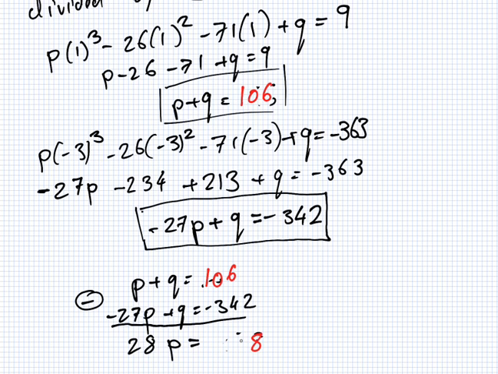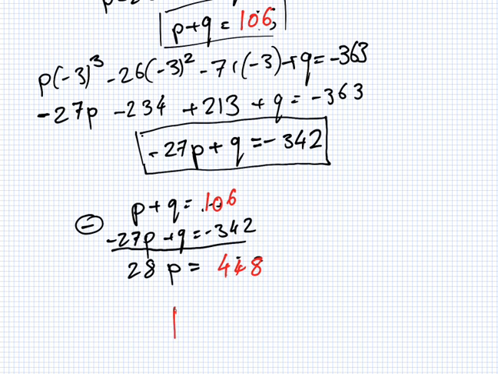So that would be 448. Yeah, that's better, because when I do that, I get P equals 16. And then how can I get the Q? What is the first equation?